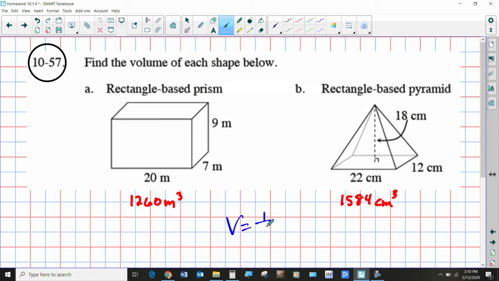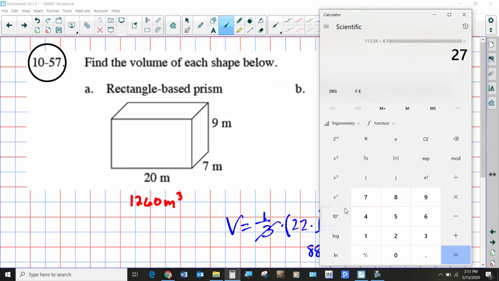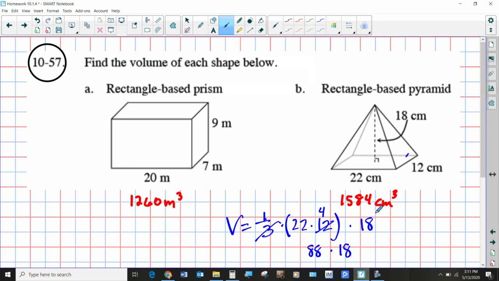Volume is going to be equal to 1/3 times the area of the base, which is 22 times 12, times the height, which is 18. I'm going to choose to take 1/3 of 12 right now and make that 4, so this becomes 22 times 4, which is 88. Now all I have to do is 88 times 18 in my calculator and get 1,584 cubic centimeters.